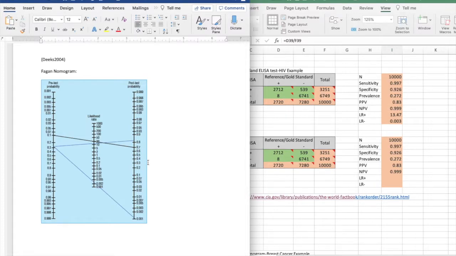You're probably wondering, well, didn't you say that likelihood ratios are good because you don't need the prevalence data? So that's not exactly it. You don't need the prevalence data to calculate the likelihood ratio. However, to create meaning for the likelihood ratio, you need some type of post-test probability.